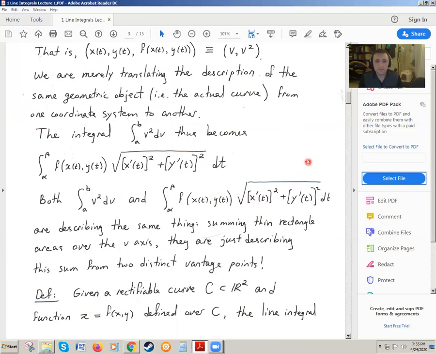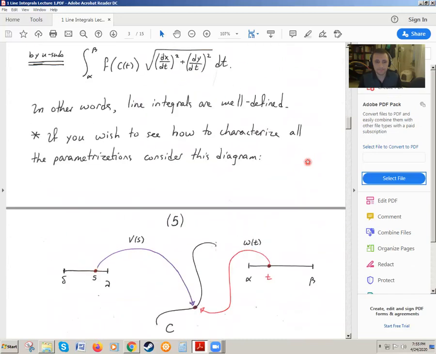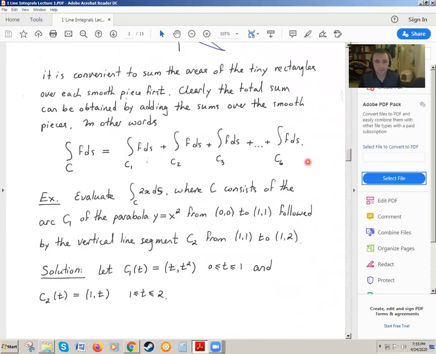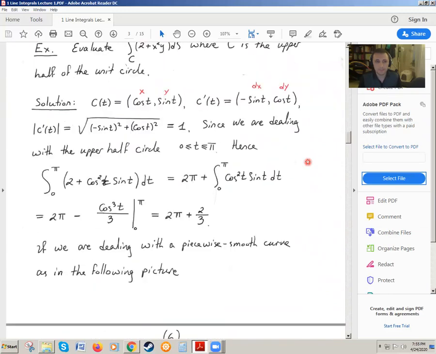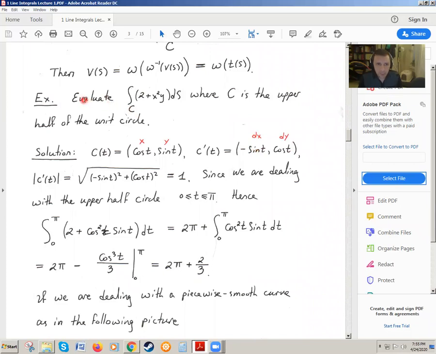So let's do a calculation just to be sure that we understand how that's supposed to be done in practice. Let's try to evaluate this integral.